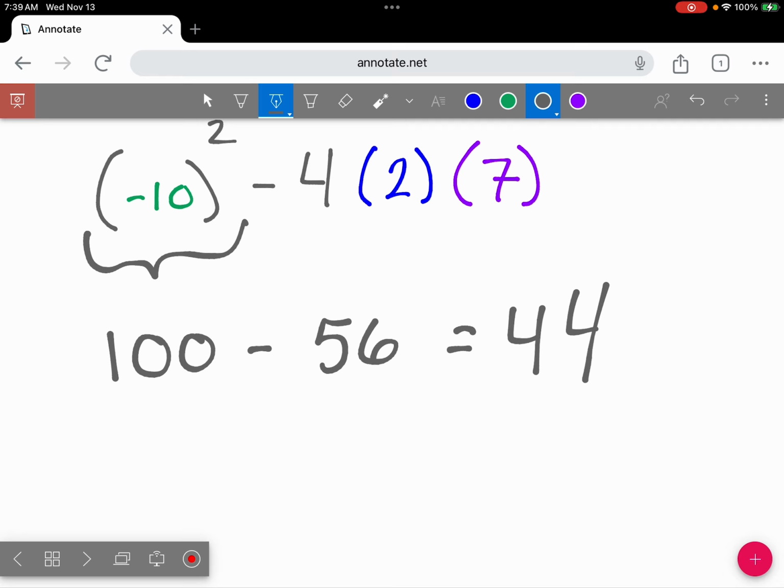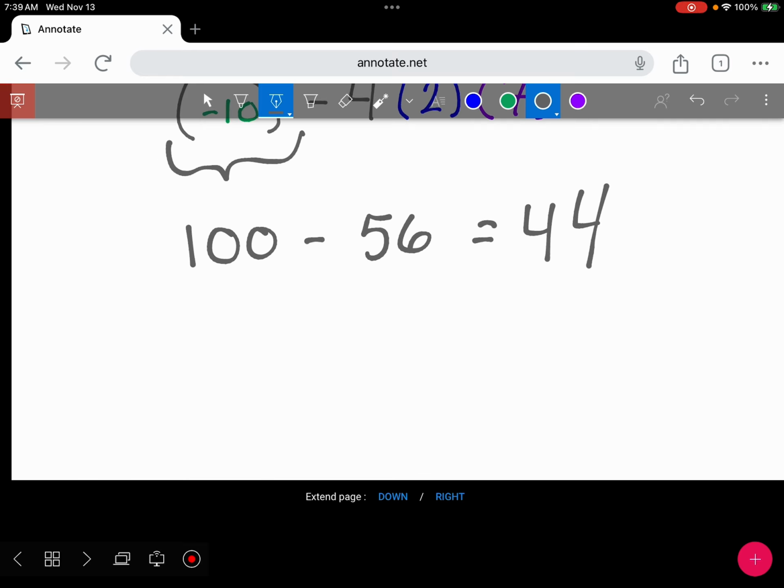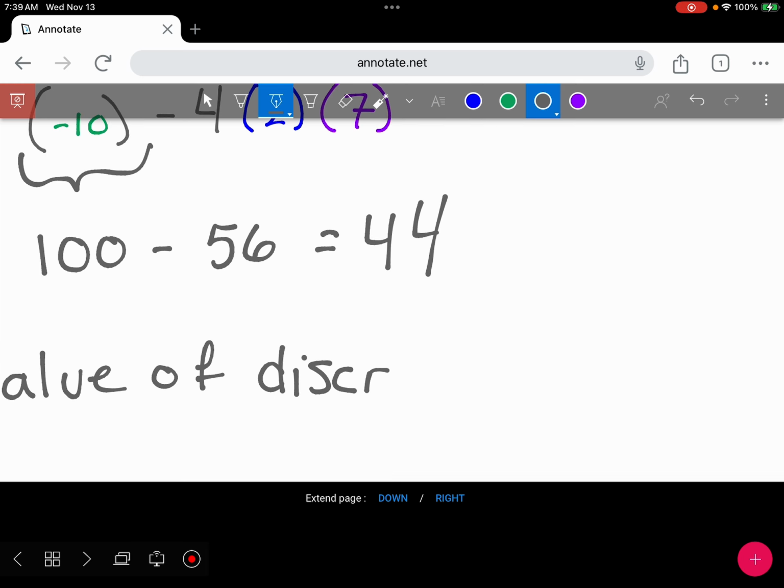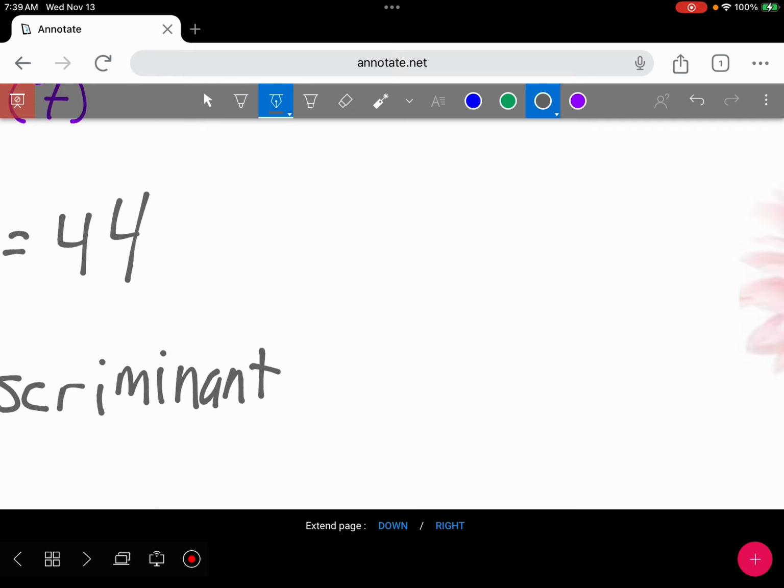So the value of our discriminant, that's what this is called, is 44. Sometimes we will ask you that and just give you a blank: what is the value of your discriminant? 44.